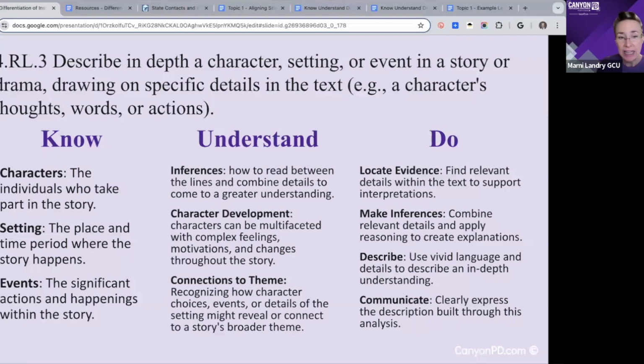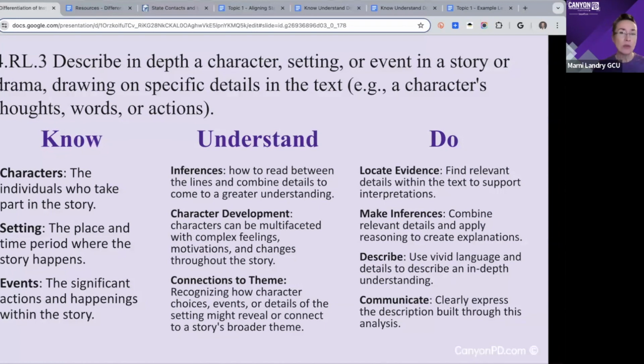We understand what character development does for a story and how language is used to develop a character. We understand how what the character does, the events, the scenes, connects to the broader theme of the story. And that's what we want. We want students to understand these things.